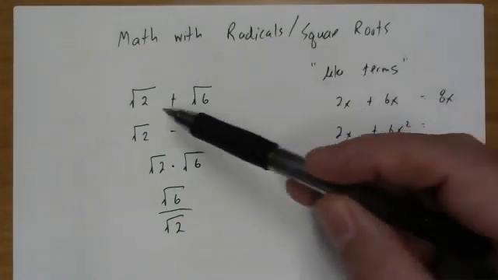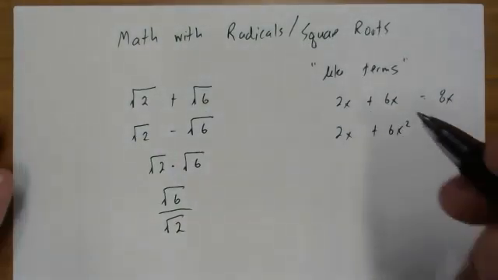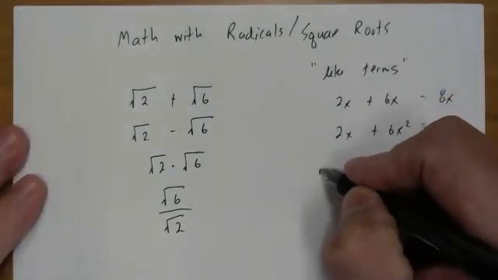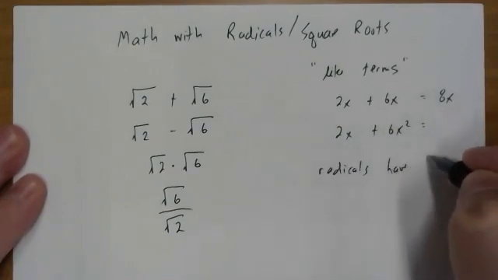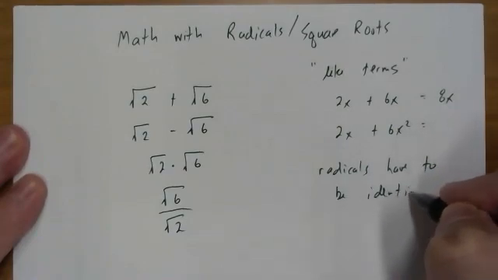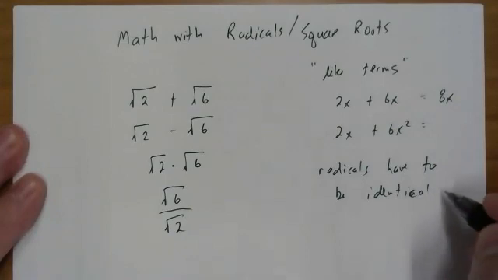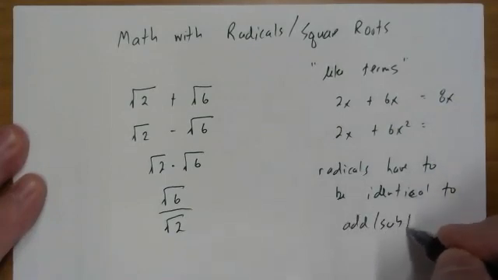Well, in a sense, when you're trying to add or subtract radicals, the radicals have to be identical to add or subtract.